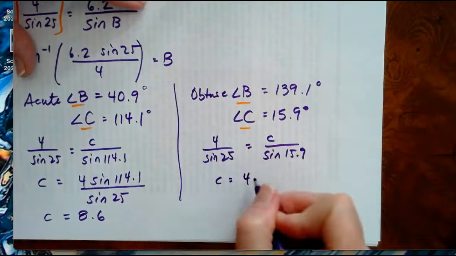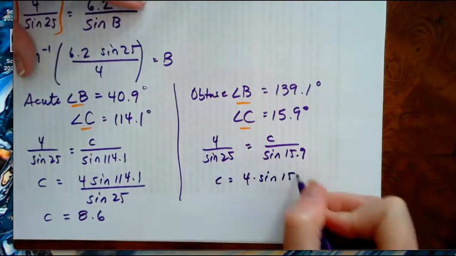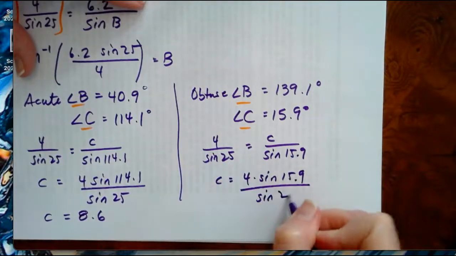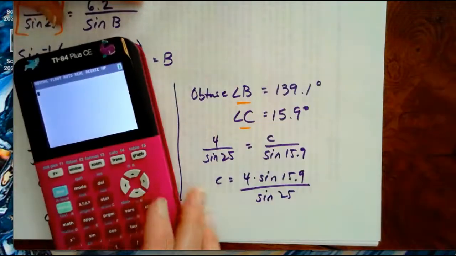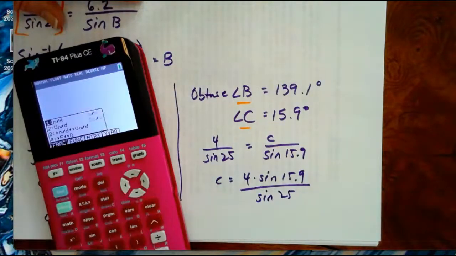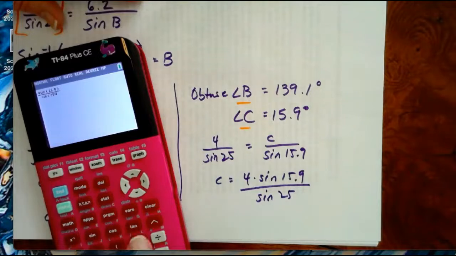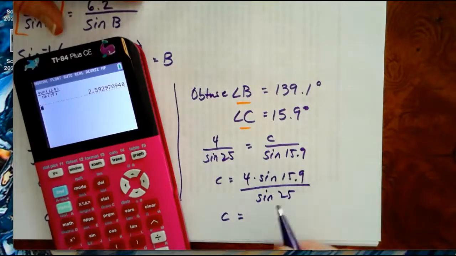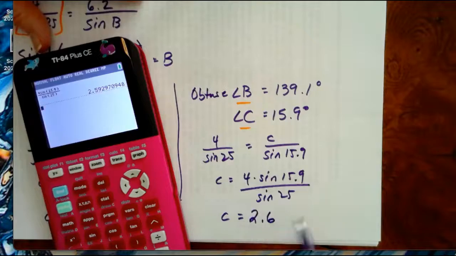Cross multiply to get little c. We're expecting little c to be quite small this time. So here's my fraction, 4 sine 15.9 over the sine of 25. So little c on this side of the aisle is 2.6.